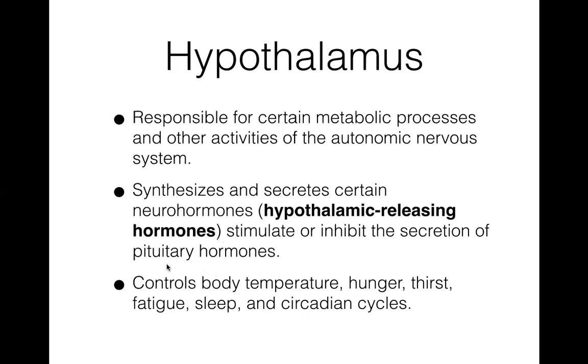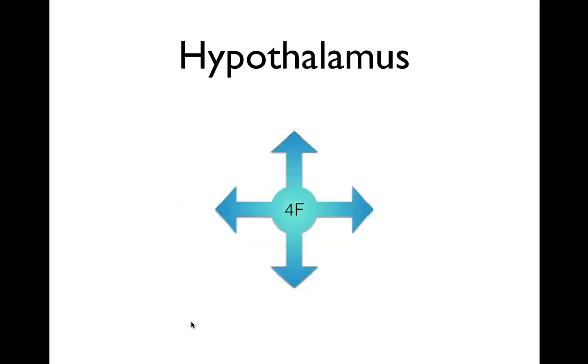So in other words, the hypothalamus is very much in control of the basic needs of the body that are required for the survival of the species. This can be summarized by the 4 F's. So the F's that are necessary for the survival of the species is controlled by the hypothalamus. That would include feeding, fighting and fleeing, and the 4th F is mating, or otherwise known as fornication.